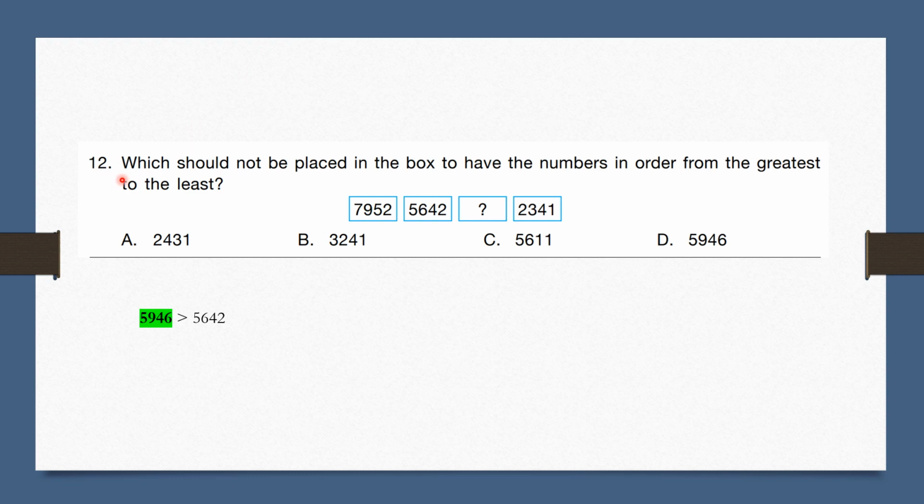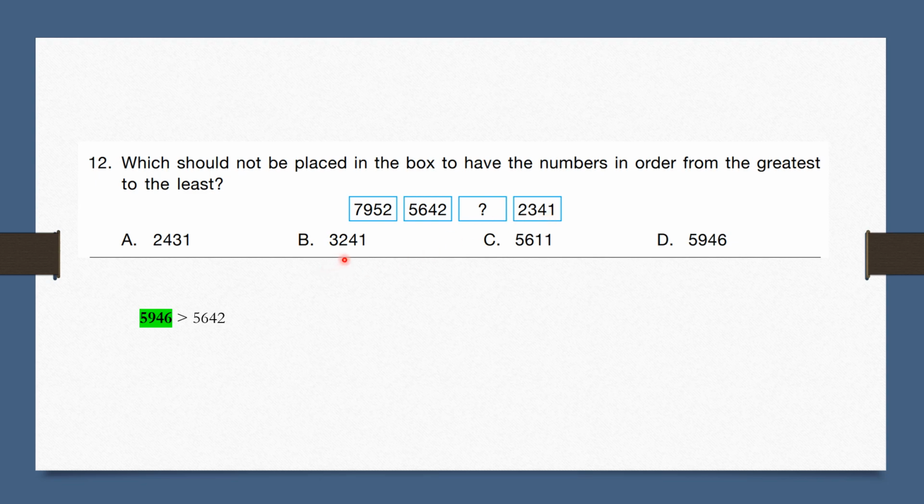Question number 12. Which should not be placed in the box to have the numbers in order from the greatest to the least? So it is 7,952, 5,642 and 2,341. Let's see which cannot be placed in place of the question mark. If we put 2,431, it is still in descending order.